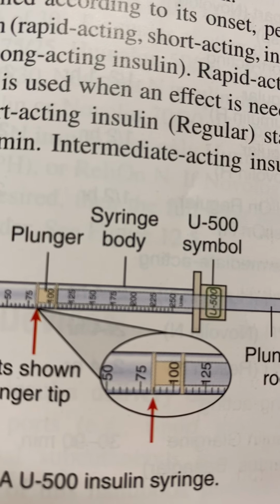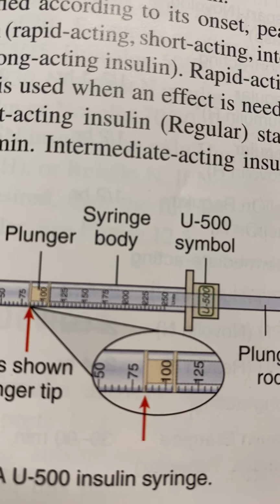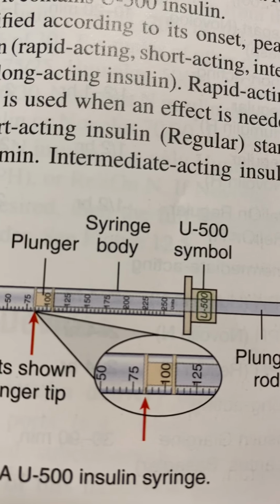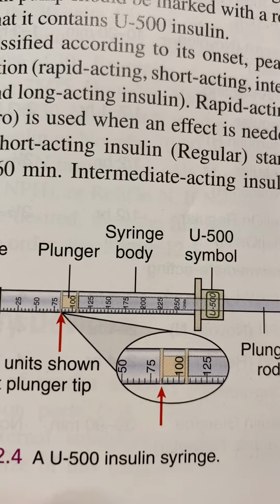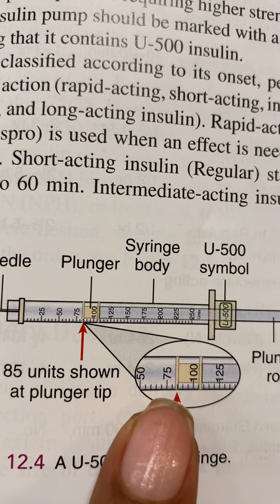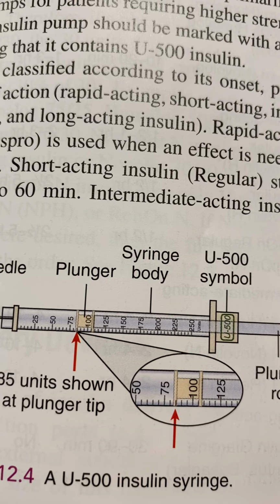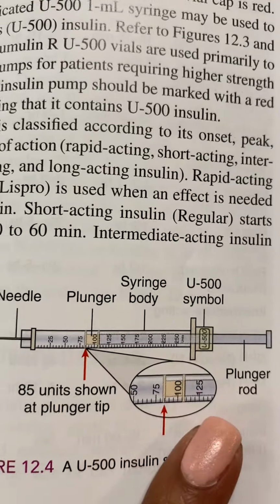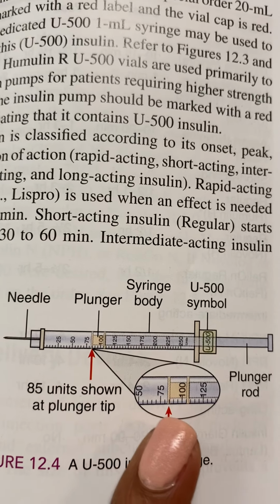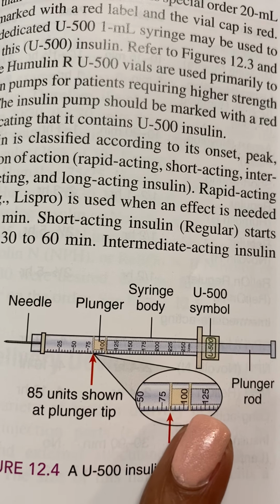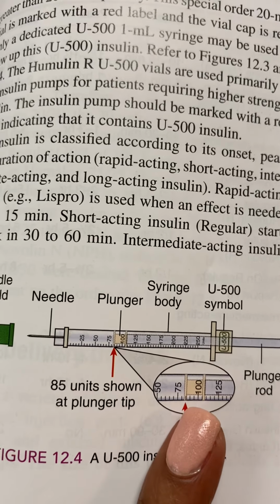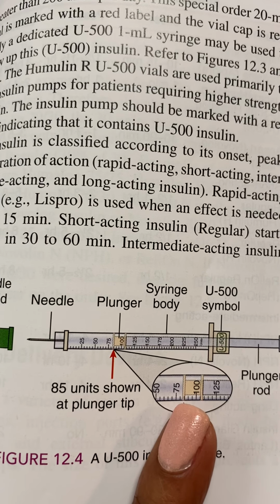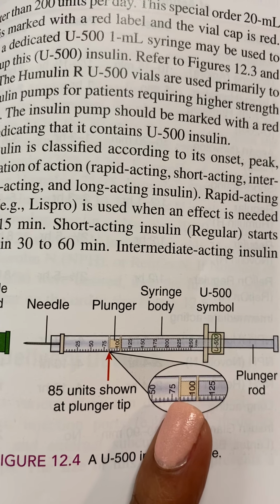Okay, to the 85. And you're saying, well, Ms. Thomas, how? Well, you're going to count units. You're looking at your units. So just say if this is 75, and then from 75 down here is going to be 25. So from 75 to 100 is 25. So you're thinking what should be where 85 is if you count it in increments of 10.